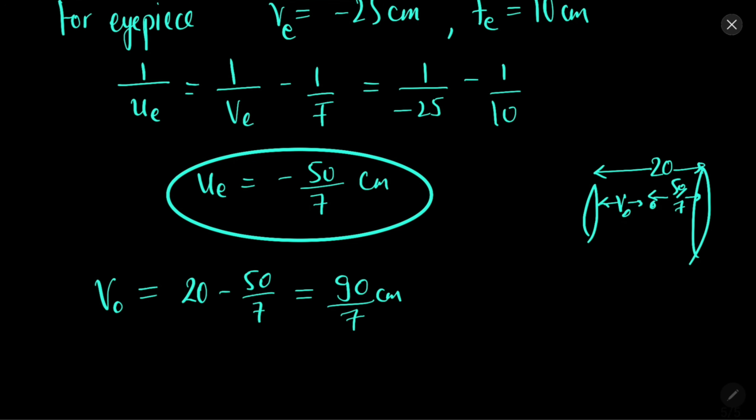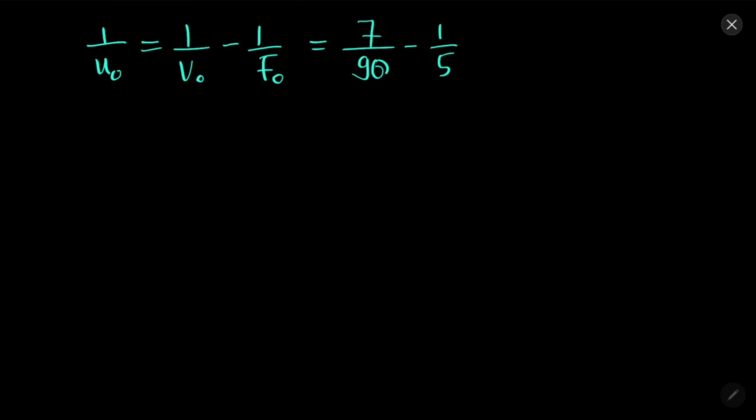So VO is now known. By the formula we can find the original location of the object. So UO equal to minus 90 over 11 centimeter.